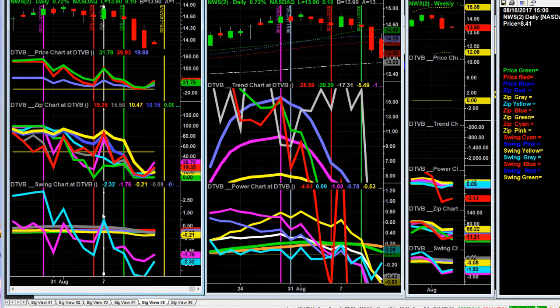Excuse me. Another indicator that you can look at to tell that you're going down is swing Zion. Even though we only trade swing Zion when it's highest or lowest, we can see swing Zion is passing through all the other indicators, and it's going down, down, down, down all the way through this, telling us that the buyers are leaving the stock. When Zip Green is at 0, there's a lot of people leaving the stock.